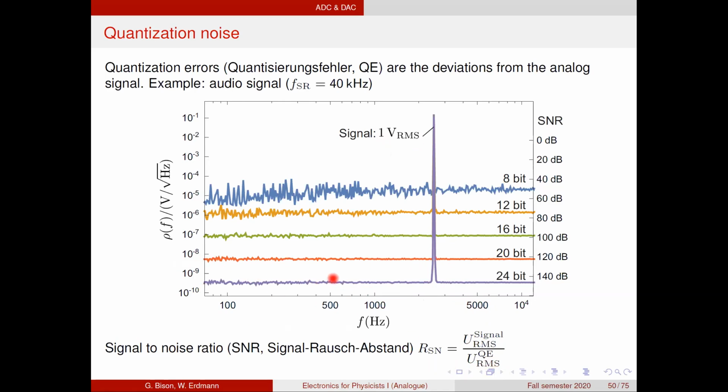So you integrate the whole spectrum, except for the signal peak, of all the noise that is in this case generated by quantization errors. Really high resolution ADCs have more than 100 dB signal-to-noise ratio. If you go to smaller resolutions, then it's maybe only 40 or 60 decibels.